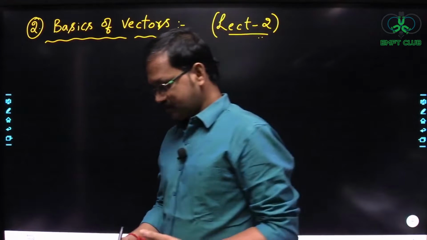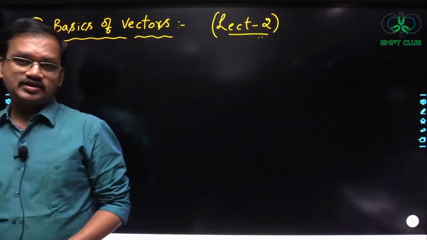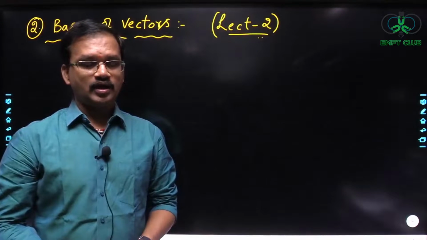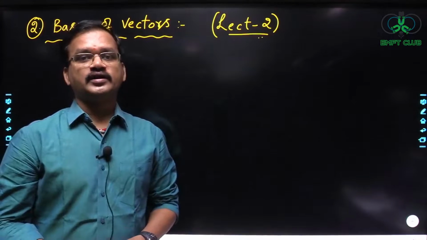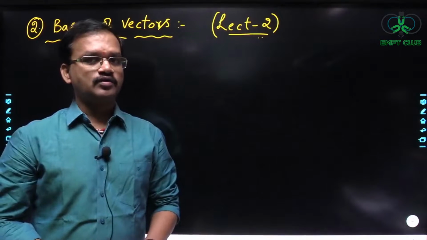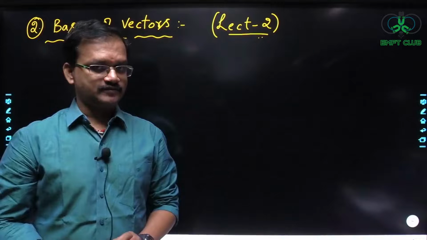In the previous lecture we have seen what is a scalar quantity, what is a vector quantity, and how to perform vector addition graphically and analytically. So all these things we have seen in the previous session, isn't it?